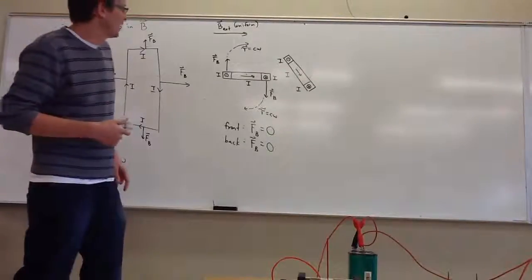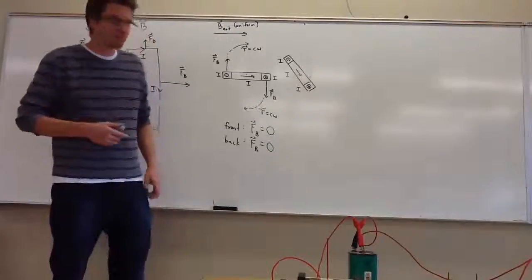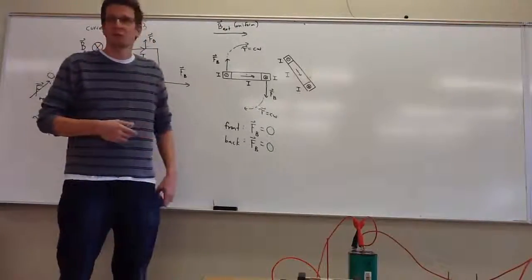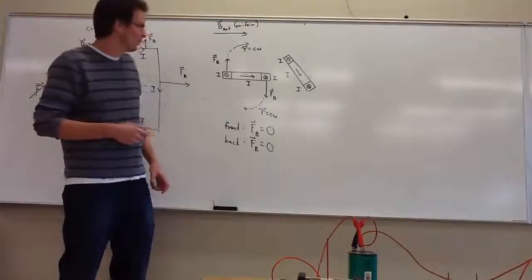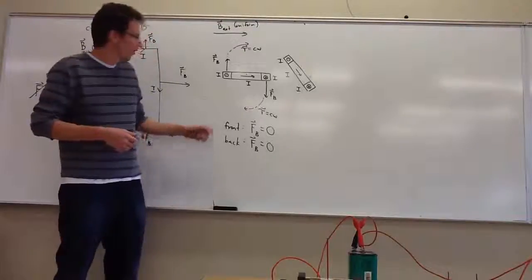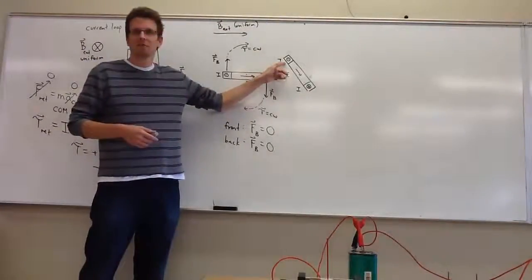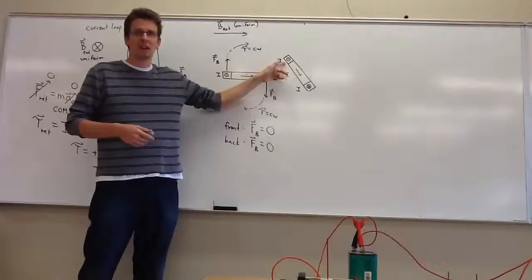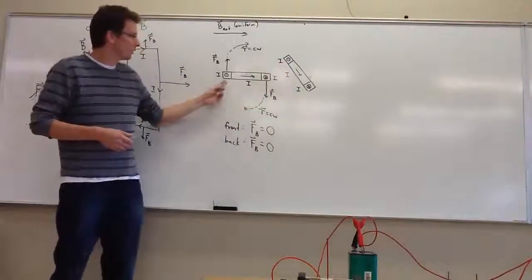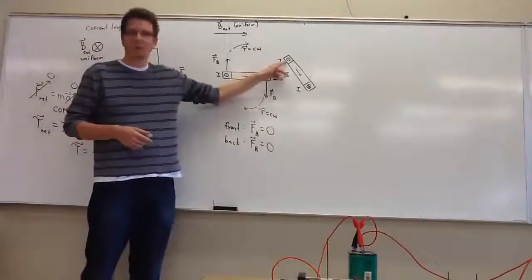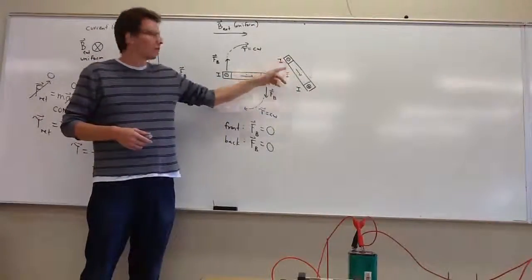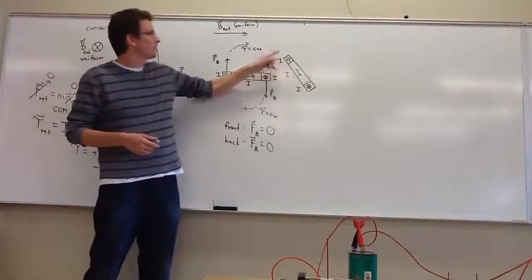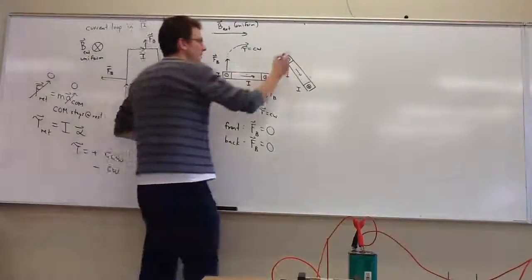So let's do the right-hand rule once again. And I will point out, even though the loop is rotated, the current here on the left side has maintained its orientation with this field, right? So this is out of the page, this is still out of the page, right? So same current, same field, the force is exactly the same way.